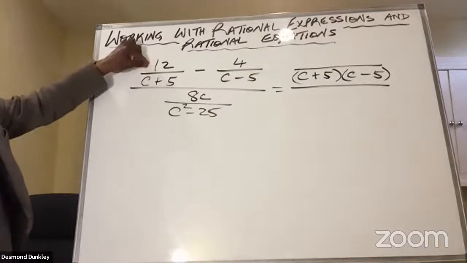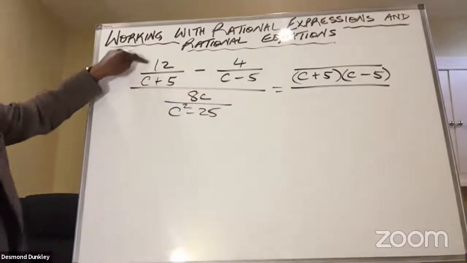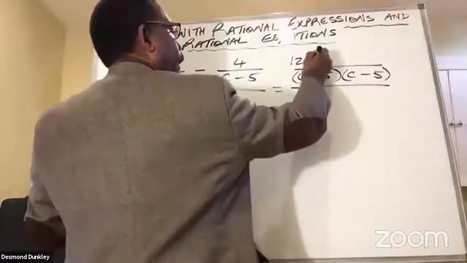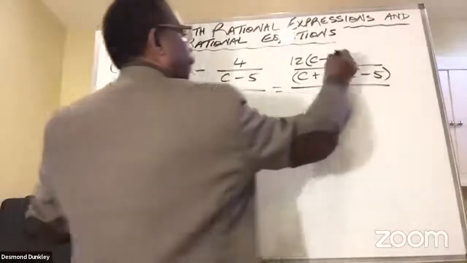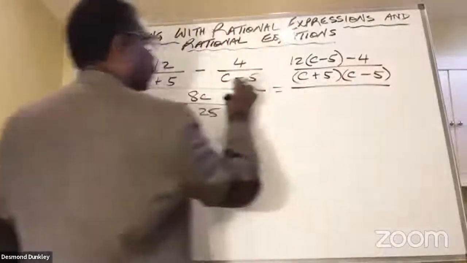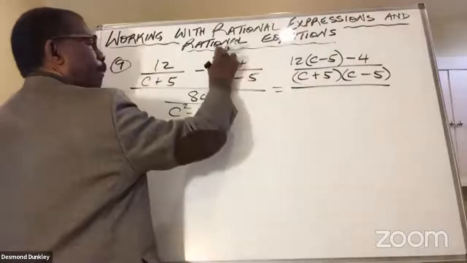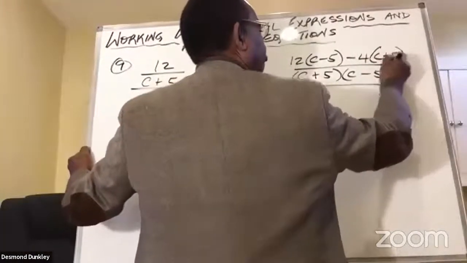So we have to multiply this by C minus 5. So therefore we have to multiply the top by C minus 5. So now we have 12 times C minus 5 minus 4. What did we do to the bottom here? We multiplied by C plus 5. So we have to multiply the top by C plus 5.